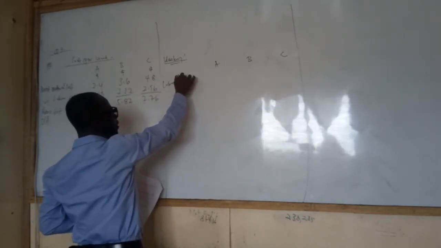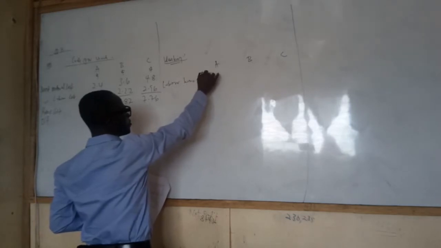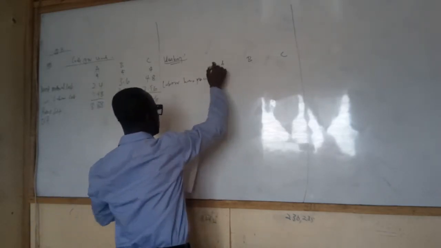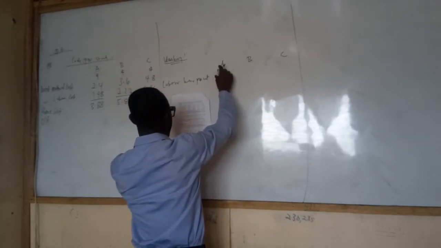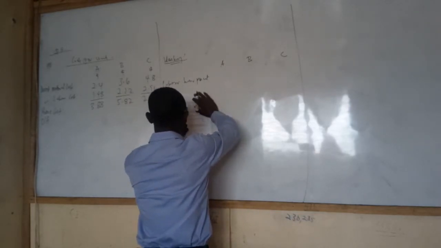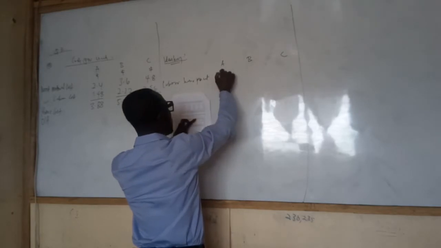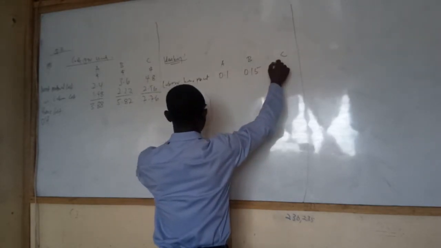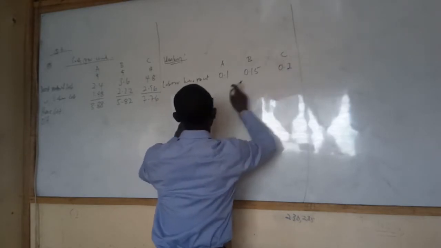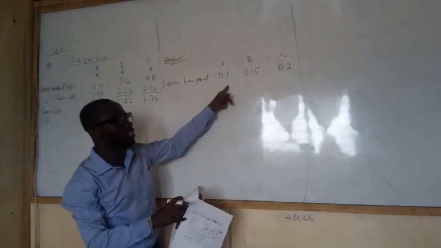What's the labor hour per unit? Respectively. A is how many hours? 0.1. B is? 0.15. C is? 0.2. So these are the labor hours per unit.